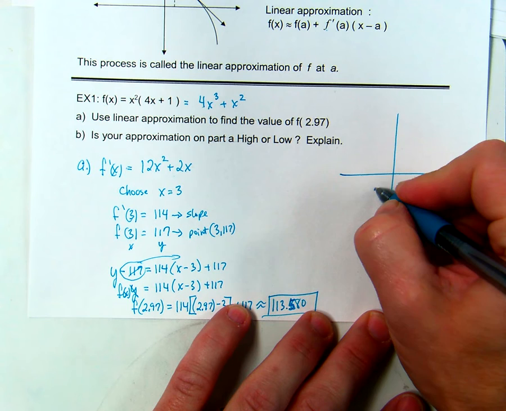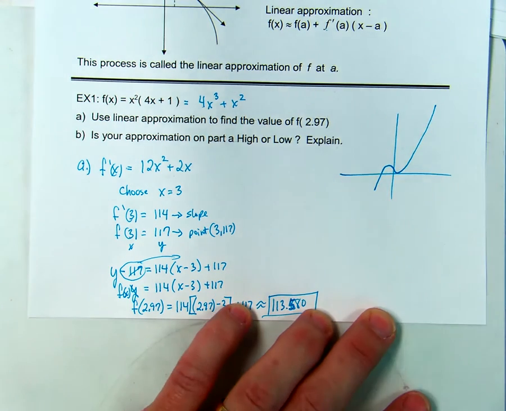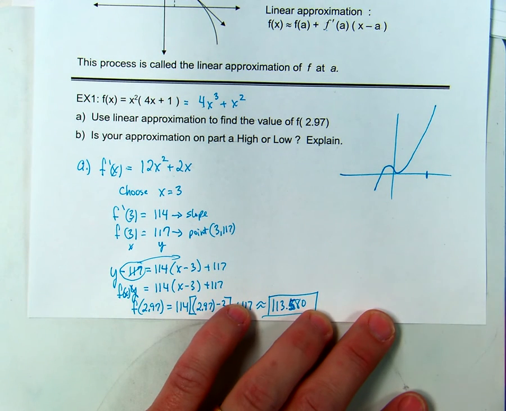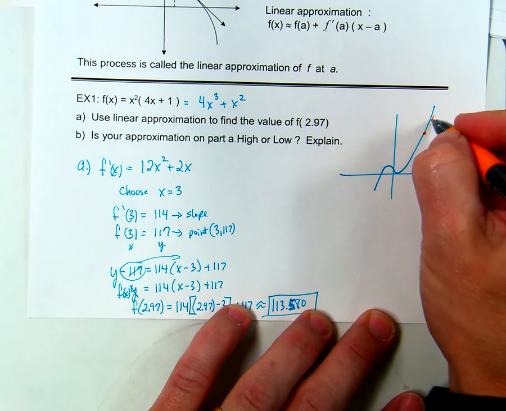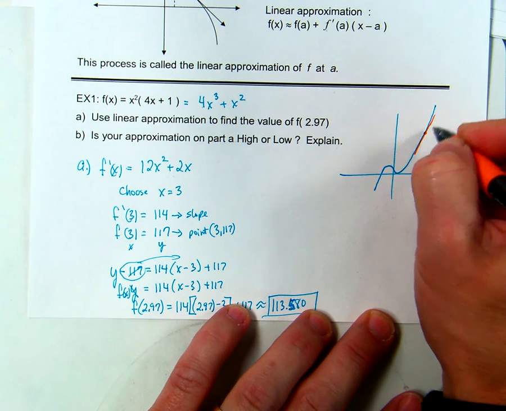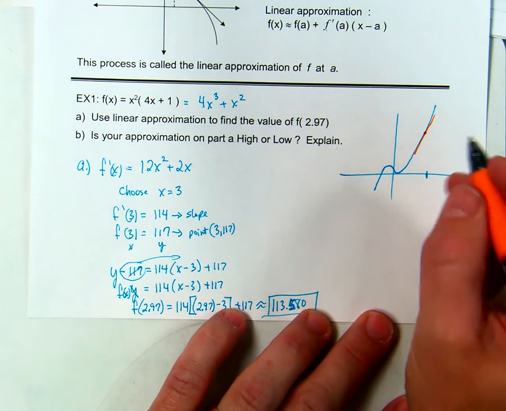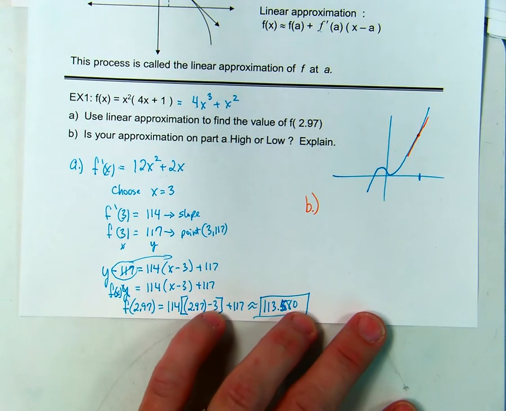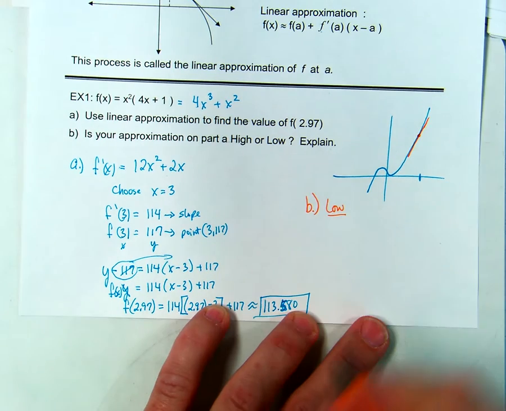It's going to come up here, come down, and go up like this. Okay, so at 3, when we put a tangent line on the curve here at 3, what is this going to be? Is it below the curve or above the curve? It's below the curve, right? Since it's below the curve, the b part of this example, our approximation is going to be low. Is it going to be high or low?